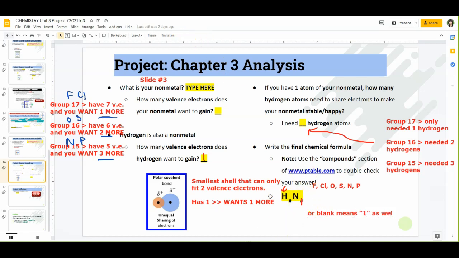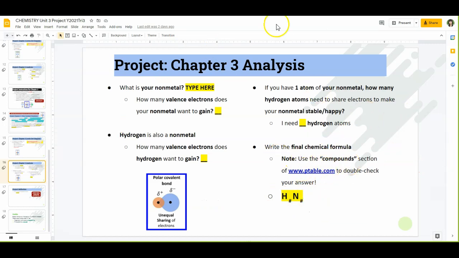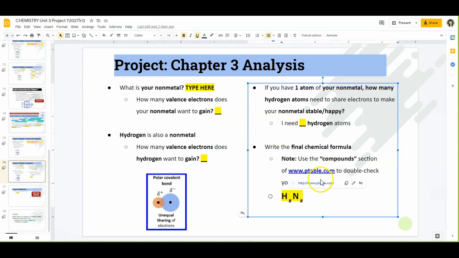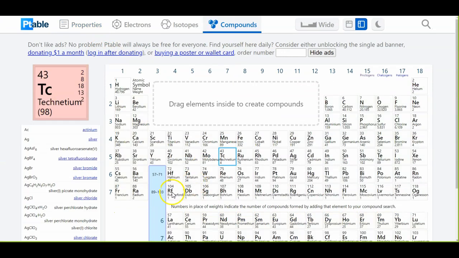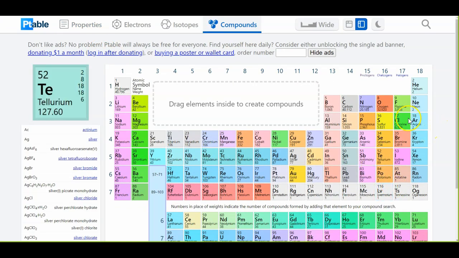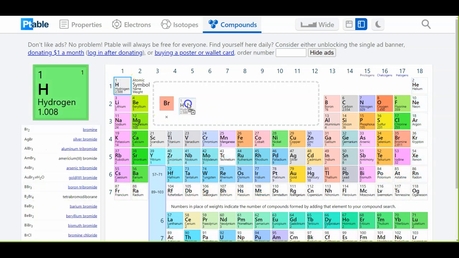All right, to double check your answer, you can always go to ptable.com and look at the compounds section. So let me show you what that looks like. Go to the compounds area and just drag in your nonmetal with your hydrogen. My example here, don't copy mine because you weren't allowed to choose bromine, but in my story I used bromine with hydrogen.